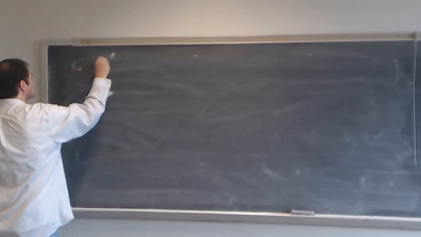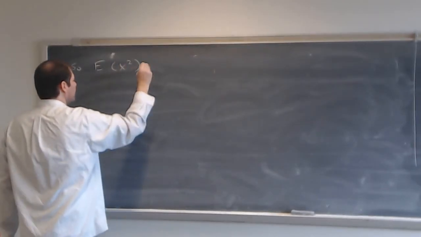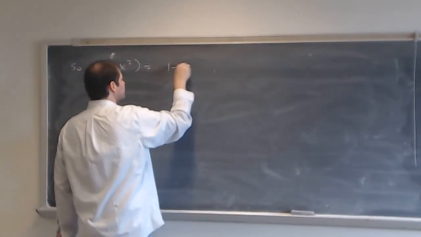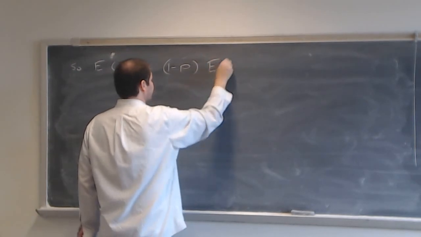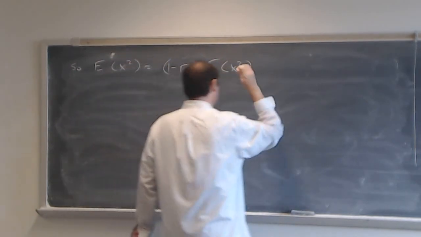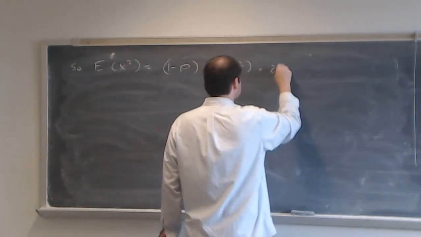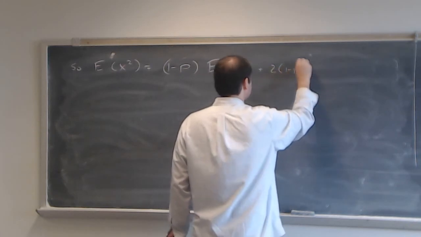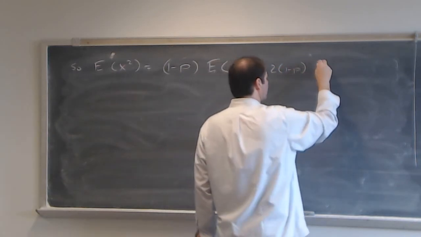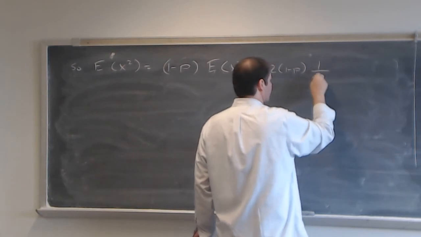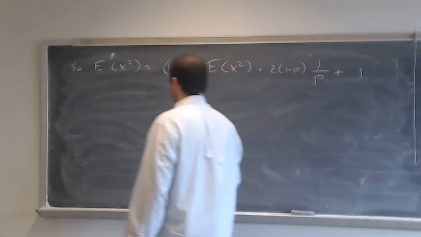So, the expected value of x squared is really equal to 1 minus p times the expected value of x squared, then plus 2 times 1 minus p times the expected value of x, which is just 1 over p, and plus 1.